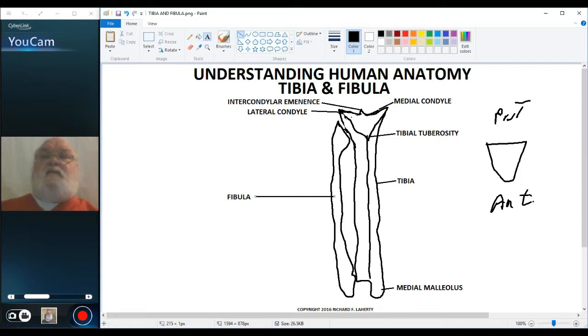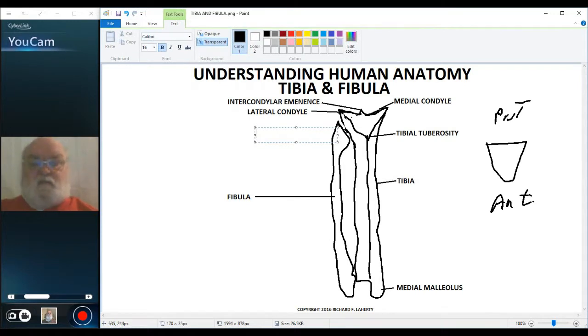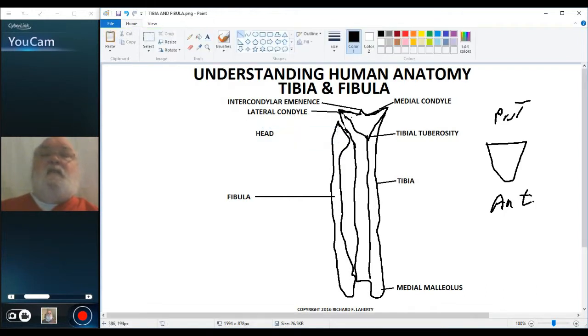And the principal pieces of the fibula are the head, at the proximal end, and the lateral malleolus at the distal end.